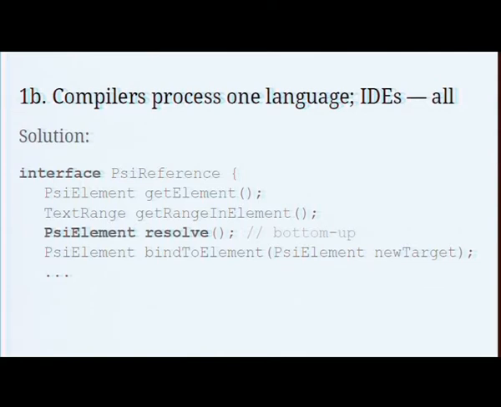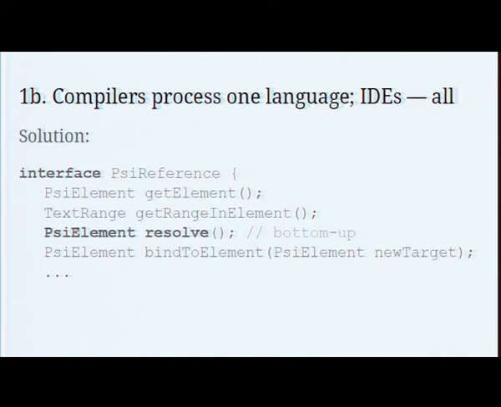And I should note that the reference resolution, unlike the compiler, works bottom-up. The compilers usually process the file as a whole, and they just walk in a top-down fashion and resolve everything they meet. They maintain some symbol table to help for that.